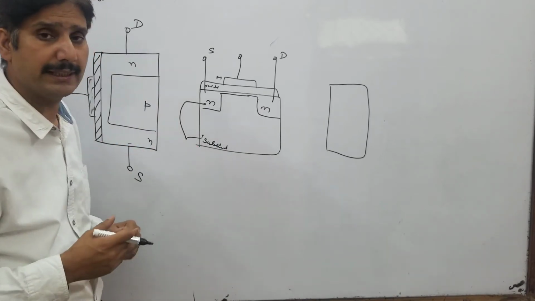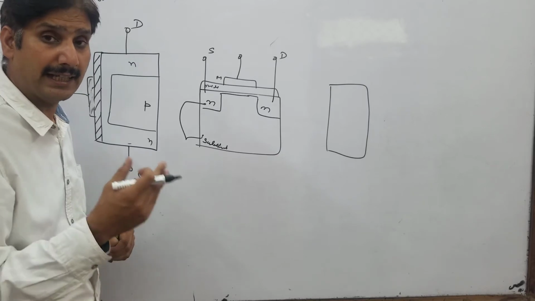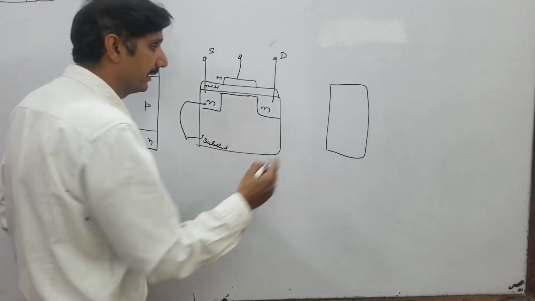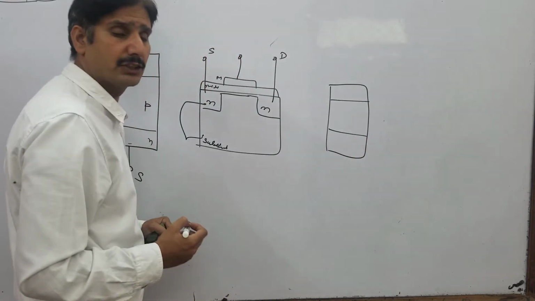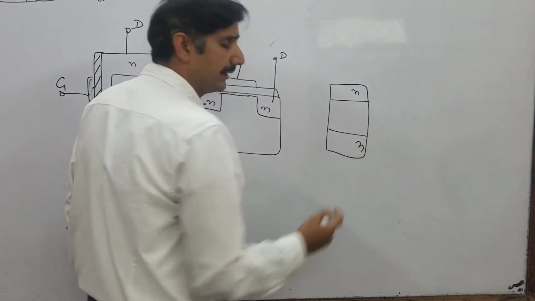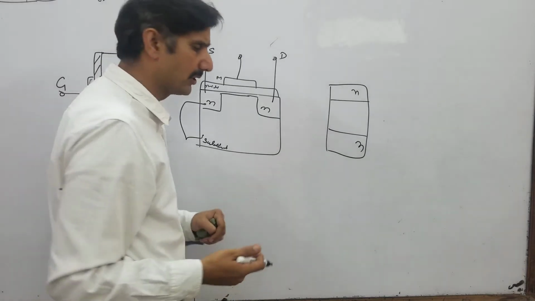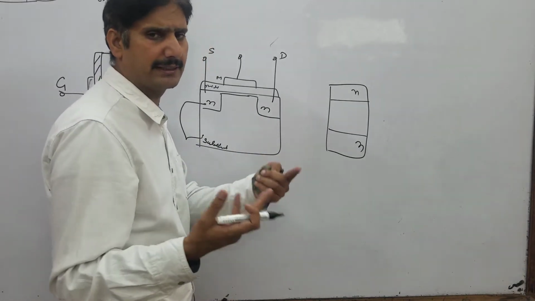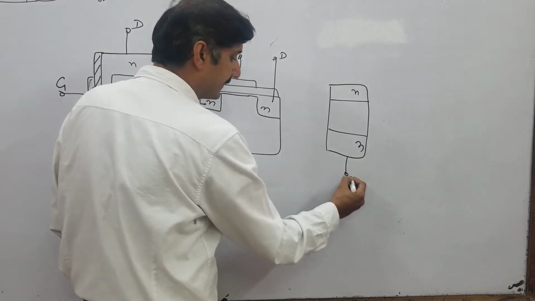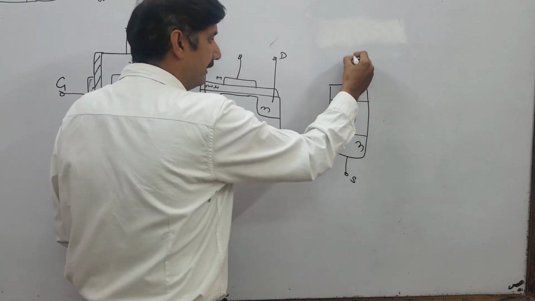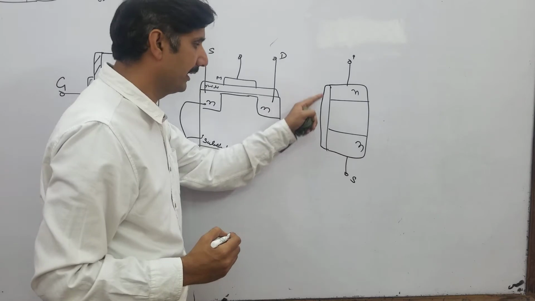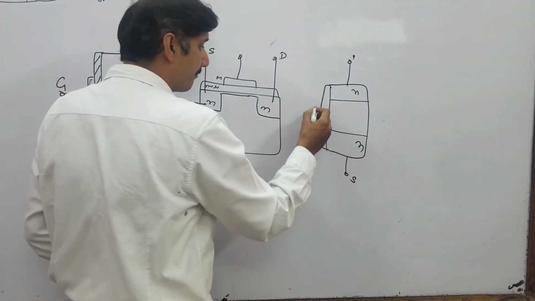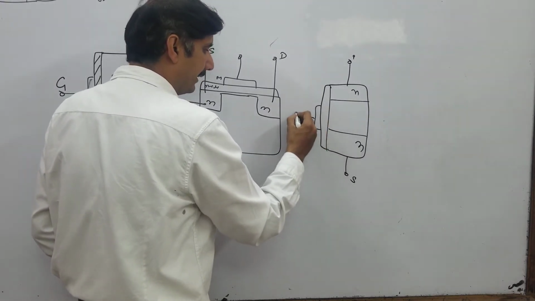Now let's see what is there in an enhancement type MOSFET. There is this drain region, and this source region, and I'm talking about n-channel MOSFETs. In a similar way you can reverse that for p-channel MOSFETs. This is source, this is drain, the semiconductor is heated in the presence of oxygen forming an oxide insulating layer, and then a metal and a gate terminal.